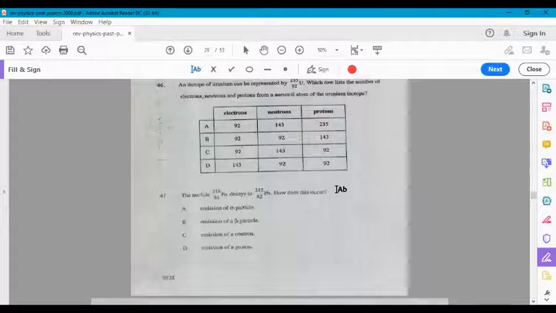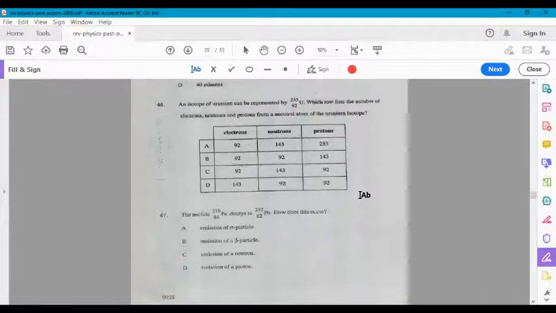Number 46. An isotope of uranium can be represented by the symbol shown. 235 is our mass number, 92 is our atomic number. Which row lists the number of electrons, protons, and neutrons from a neutral atom of the uranium isotope?